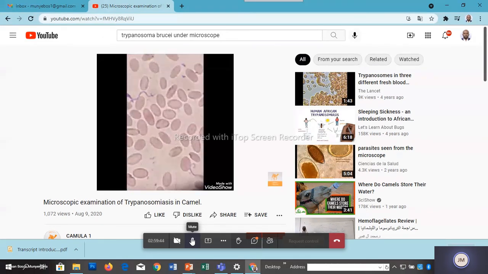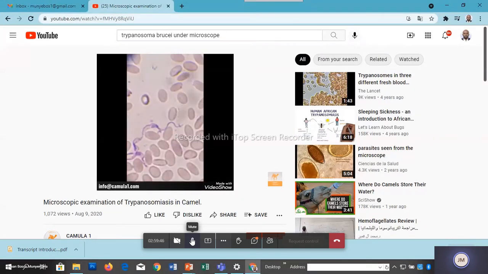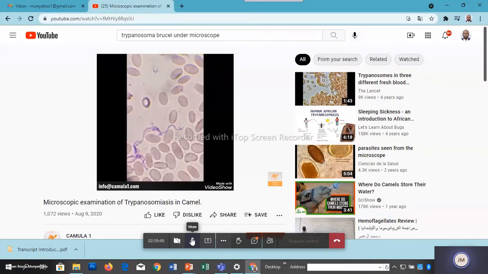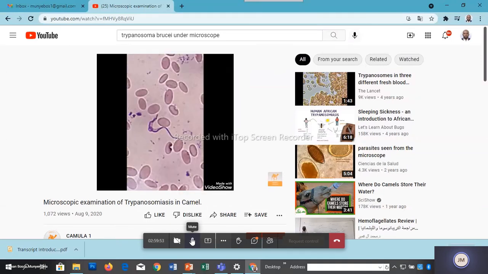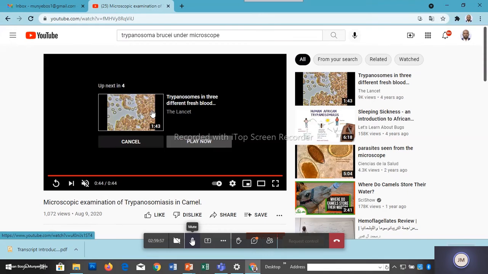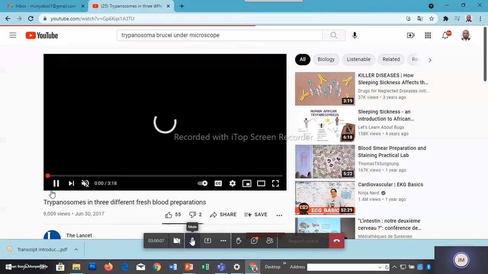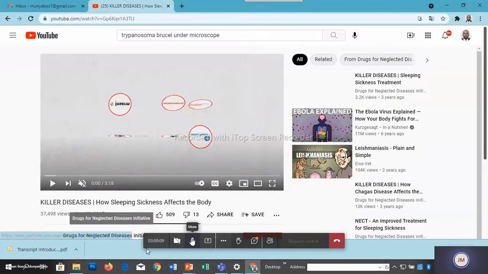It doesn't have locomotive appendages. But this one, Trypanosoma, is a flagellate. It has flagella for movement, and it affects the bloodstream and lymphatic tissue as well as the central nervous system. So they are not the same. Okay.